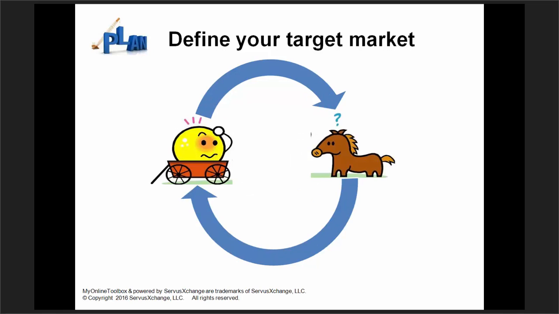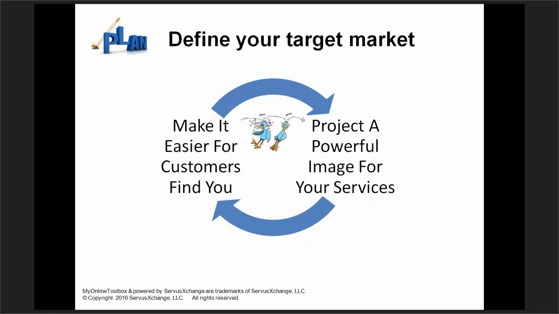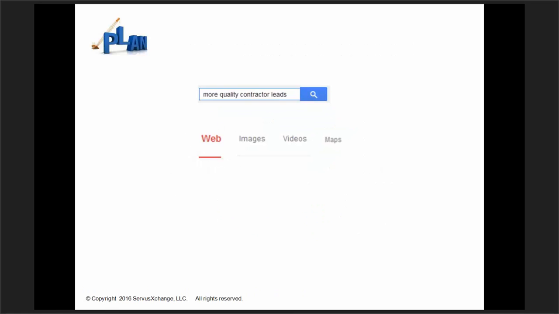And it becomes a little bit like the horse in front of the cart or the cart in front of the horse, because there's only so many hours in the day for someone to think, and defining your target market is not as easy as one may think. So what we're trying to do today is have you understand that it's easy for you to hit two birds with one stone, where you're able to make it easier for people to find you, as well as simultaneously projecting a powerful image for your services once they do find you.